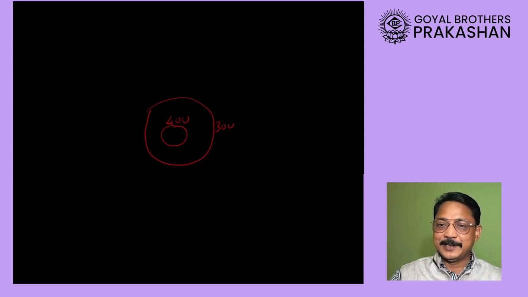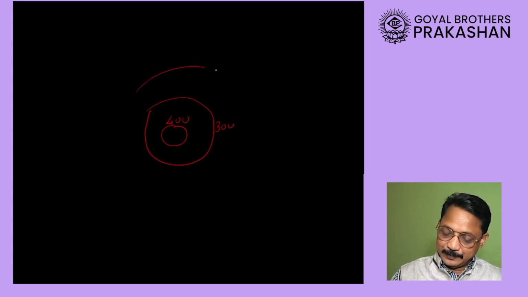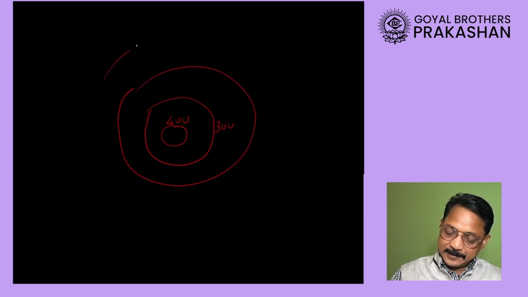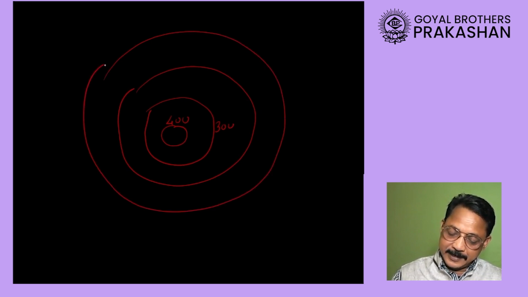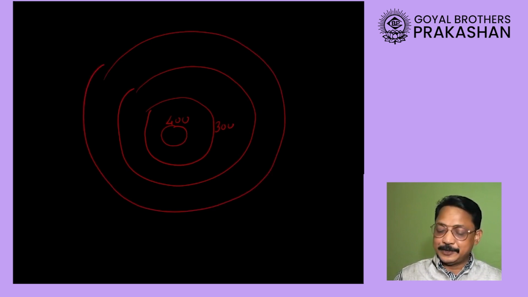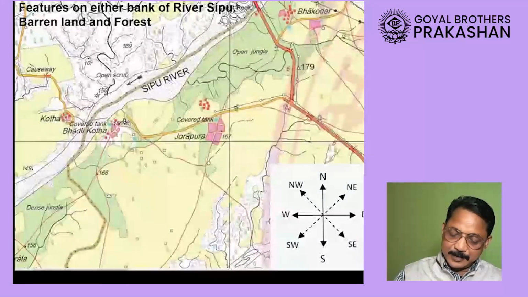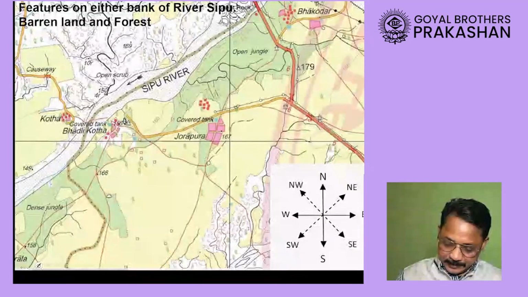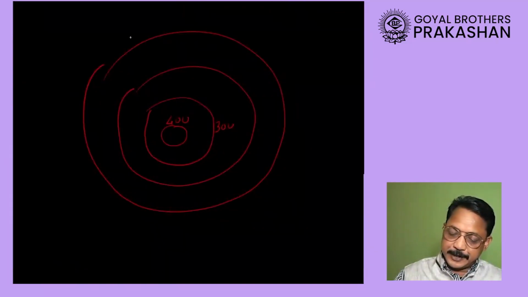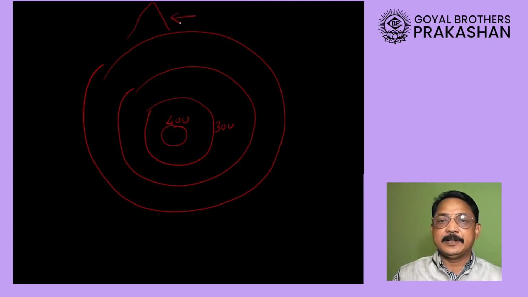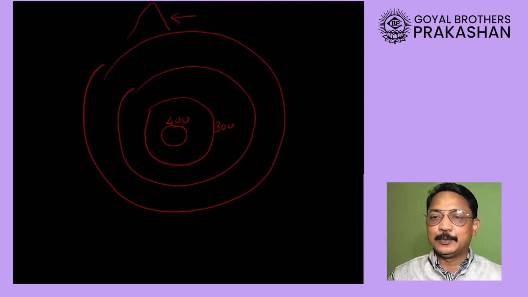As I go outside, the number decreases. So this is 300 meter, then this is 200, the outer line will be 100, and this structure which we have shown here indicates a hill, and the hill has the shape of a cone, so we call it a conical hill. And please remember, they are shown with brown color.